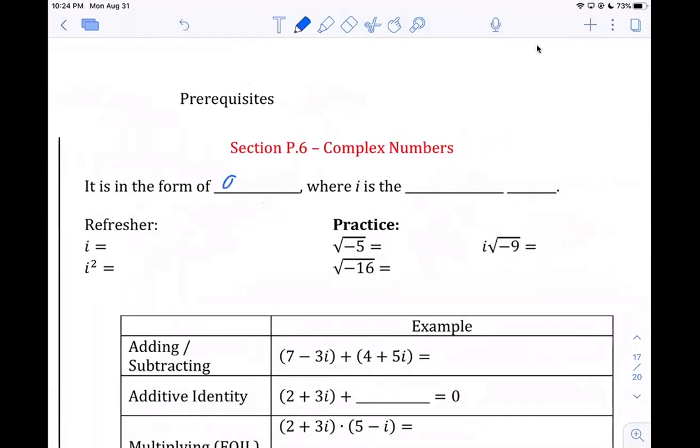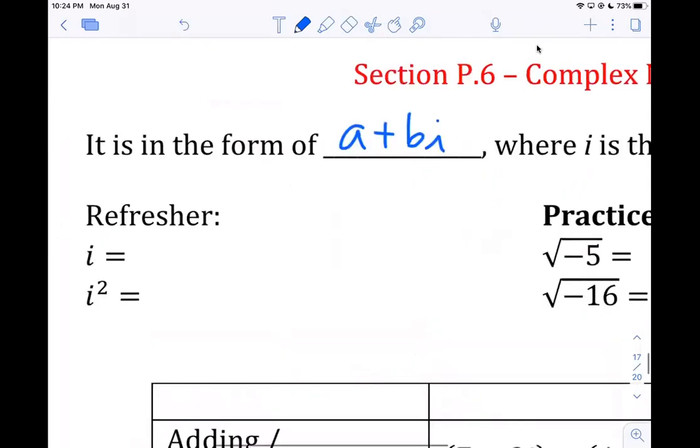A complex number, if you remember, is in the form of a plus bi, where i is that imaginary part. So refresher, i is the square root of -1. We can't take the square root of a negative number, so we change that square root of -1 to i, so we can do some calculation.